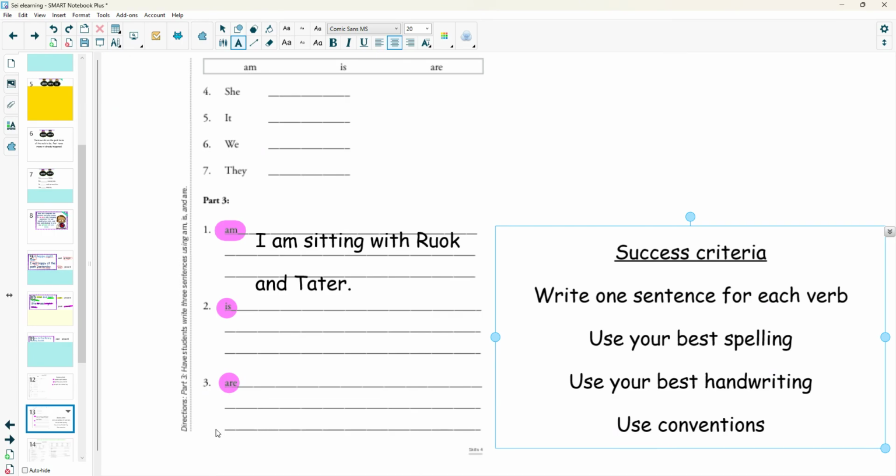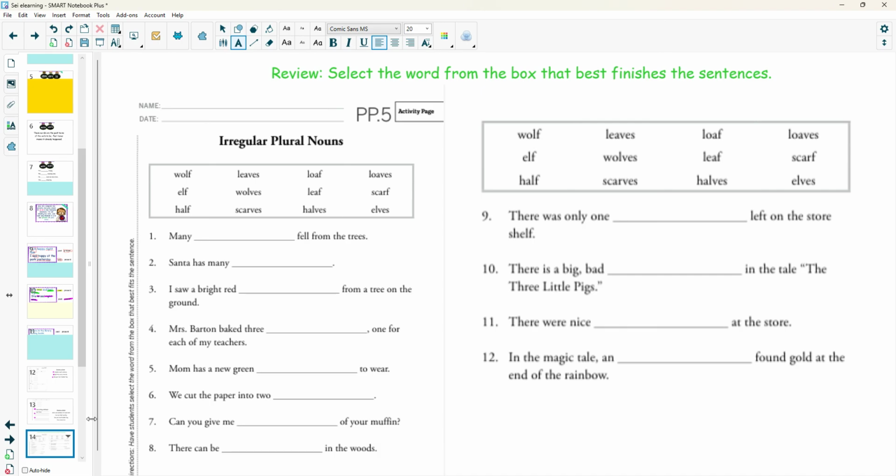The second page of reading is a review page. You are going to have to select the word from the box that best finishes the sentences. So here we have our irregular plural nouns, and we have our sentences. So in the boxes, we have a singular wolf, but we also have plural of wolves. If you remember, if a noun ends in F and we're making it plural, we have to change the F to V and add ES.